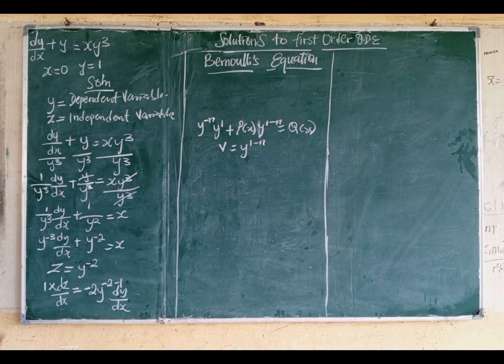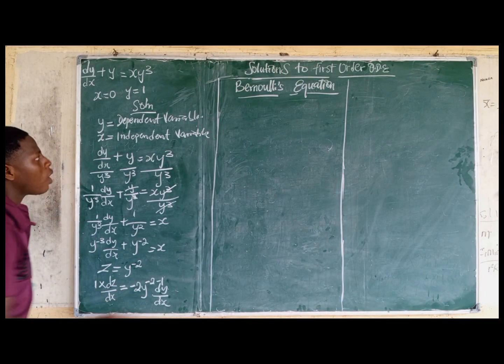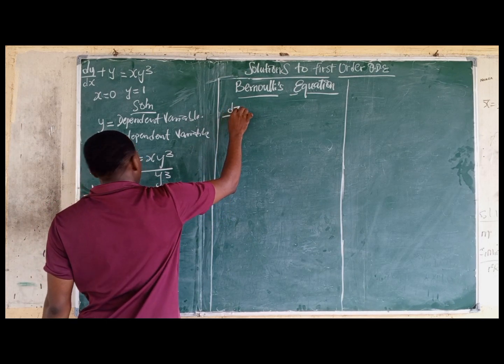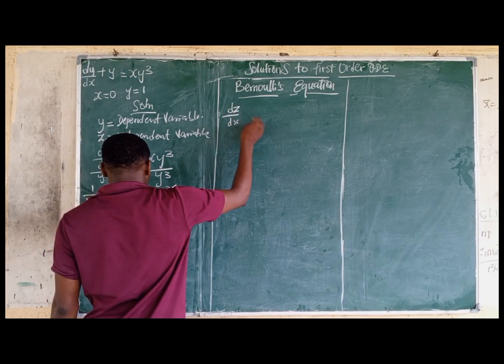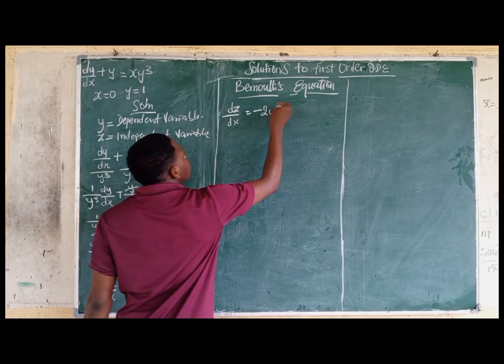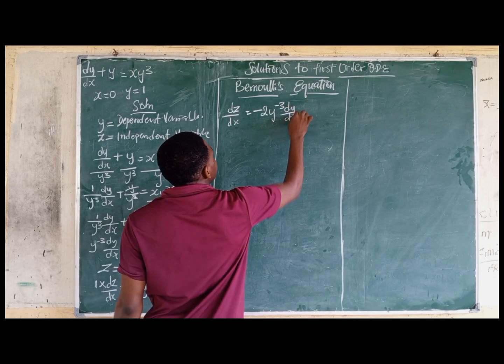You rearrange your equation. Rearranging this equation, we'll have that dz over dx is equal to minus 2y raised to the power of minus 3 dy over dx.